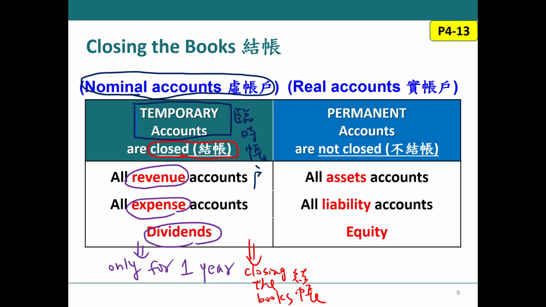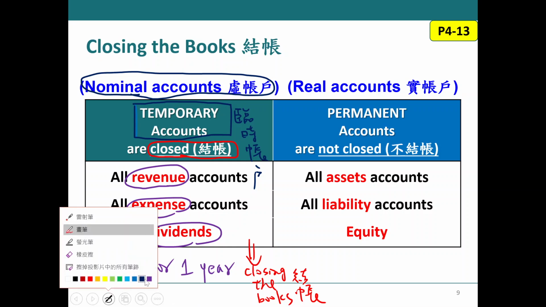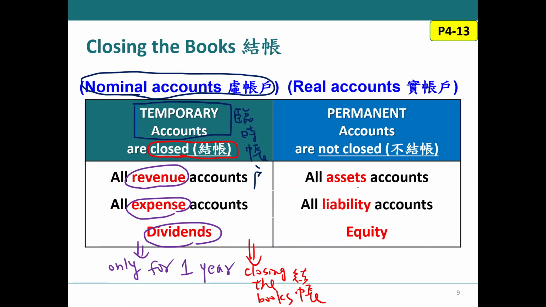How about the others? Assets, liabilities, equities. Their numbers are accumulated, right? So they are accumulated. Assets, liabilities, equities. They are accumulated over years. So do we need to close the book? We don't need to, okay?